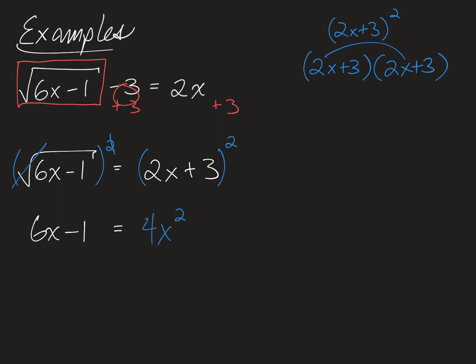You can do 2x times 3 and 2x times 3, each of which is 6x, totaling up to 12x, and plus 3 times plus 3 is 9. So beware of this as you're going through examples, say like on the next slide, and everything should be fine.